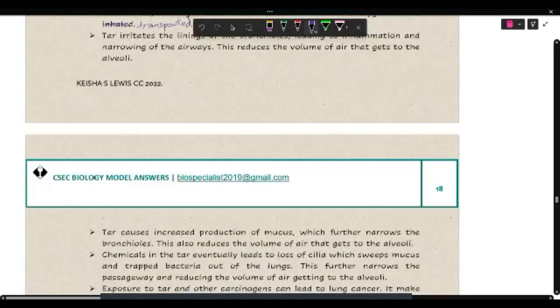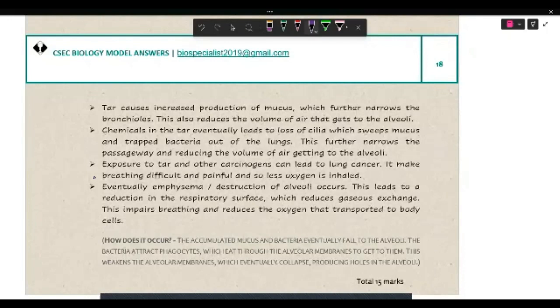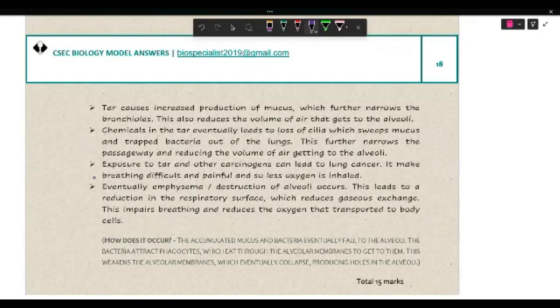So that's 3, right? See, I was able to come up with 4 more. So that's 3 plus 4, 7. So 6 out of 7 options, right? And then we talk about tar again, right?